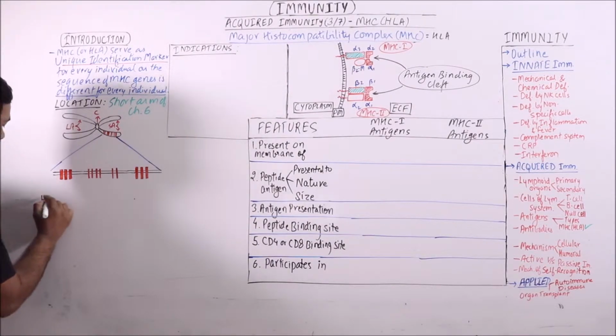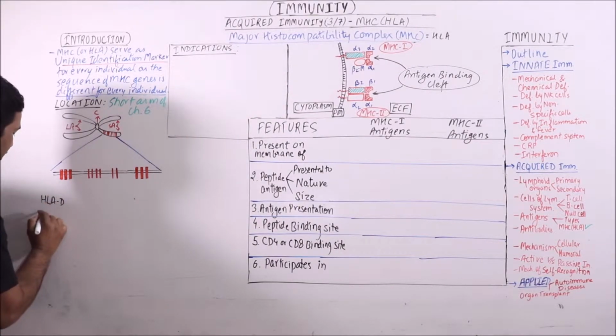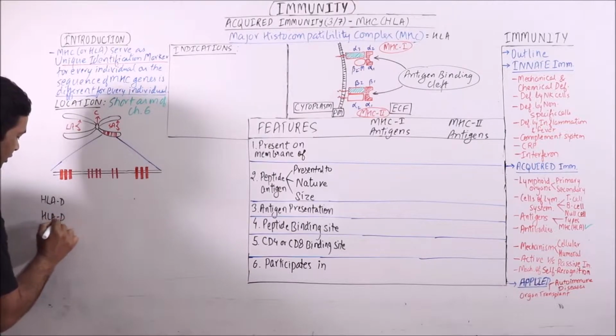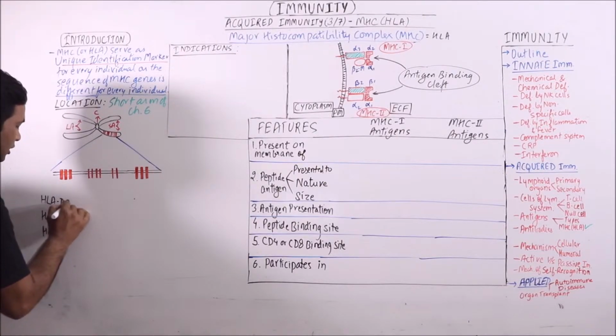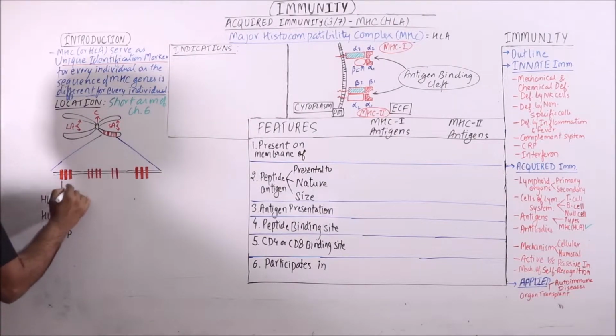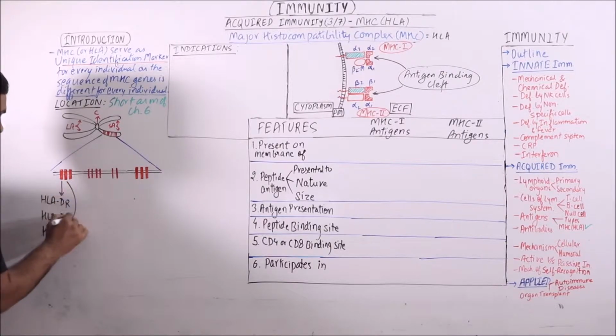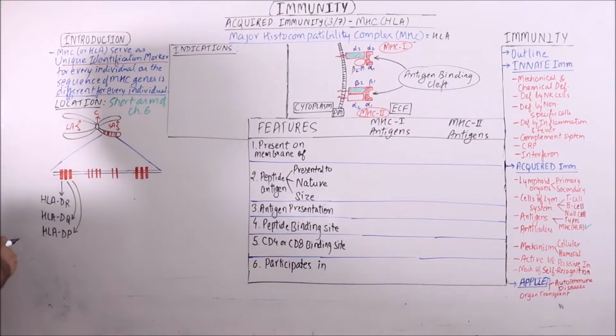This is the HLA-D complex. So HLA-D is having 3 genes, P, Q, R. So this is HLA-DR, this is HLA-DQ, and this one is HLA-DP.